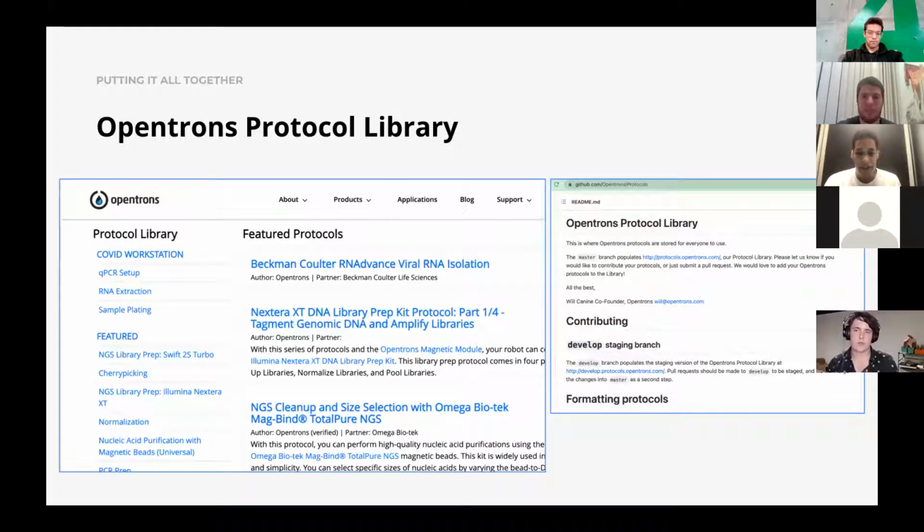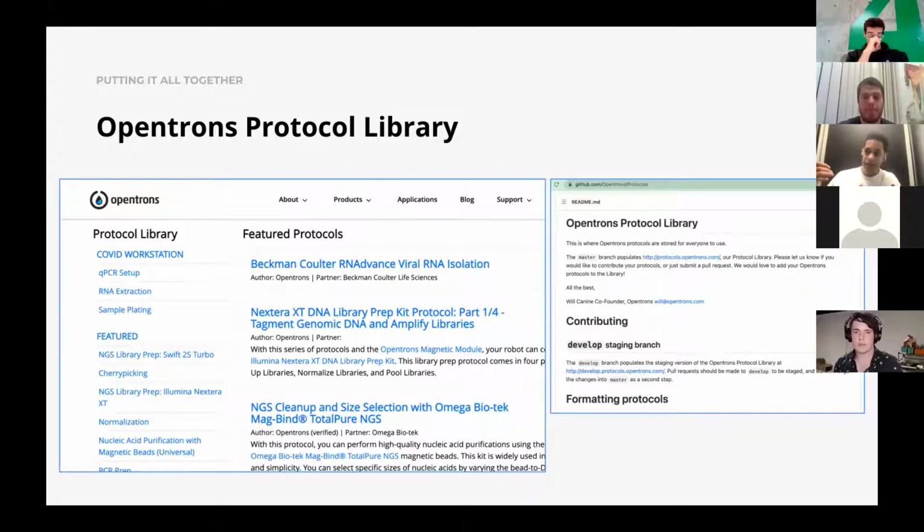The protocol library basically has two iterations, but they exist as mirrors of each other. One is a GitHub repository, github.com/opentrons/protocols. And this is an open public repo on GitHub that contains over 400 protocols that will run on the OT2.